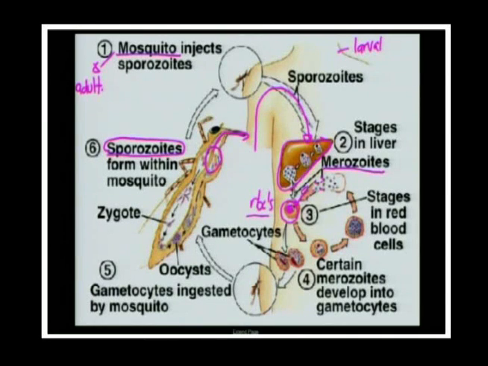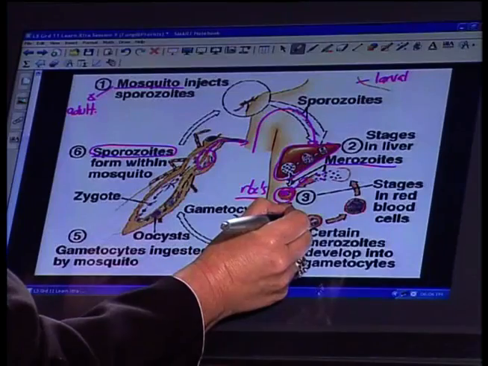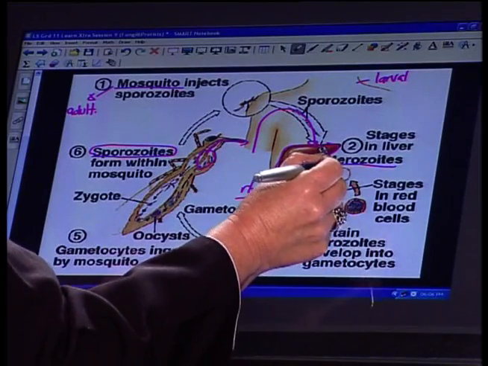What will then happen? Each of these new little merozoites will find a new red blood cell. Each one will burrow into one red blood cell, feed on the contents of the blood cell and grow and divide, burst out. And what is particularly interesting is the bursting out happens at regular time periods.